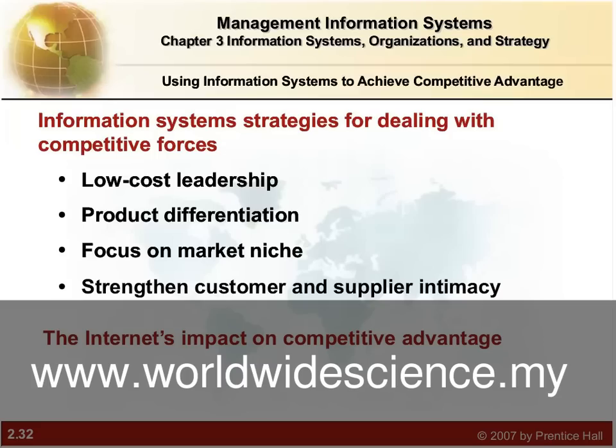And about intimacy, as we also talked about last week, the intimate relationship between supplier and firm, and also customer and firm, helps them. A better relationship with the supplier helps reduce the cost, so the profit increases, and a better relationship with the customer helps increase the profit.